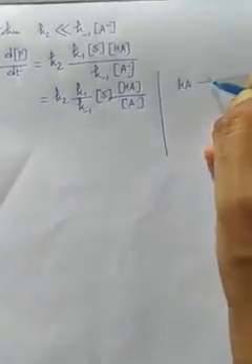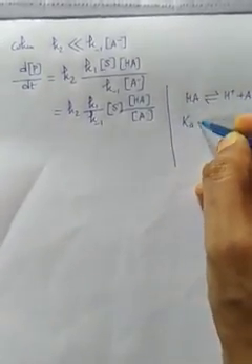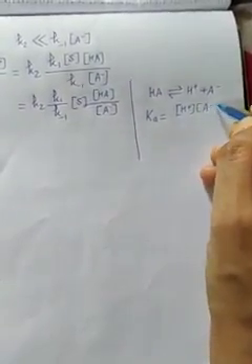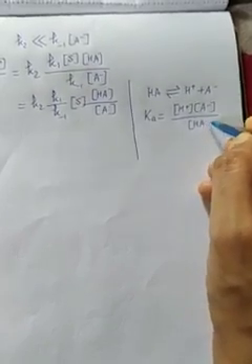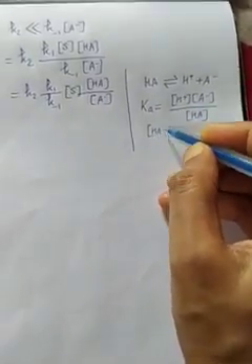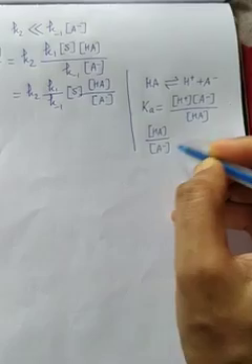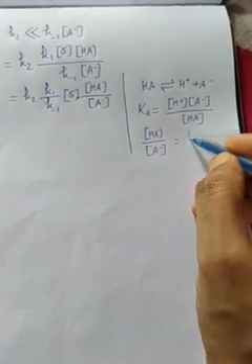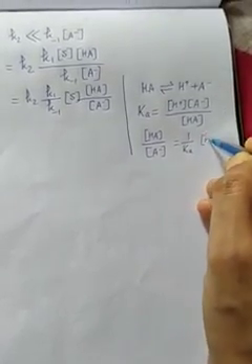Now let us consider our dissociation reaction like this. The equilibrium constant of this reaction can be represented as this one, and if we rearrange a little bit, then we can write, okay.